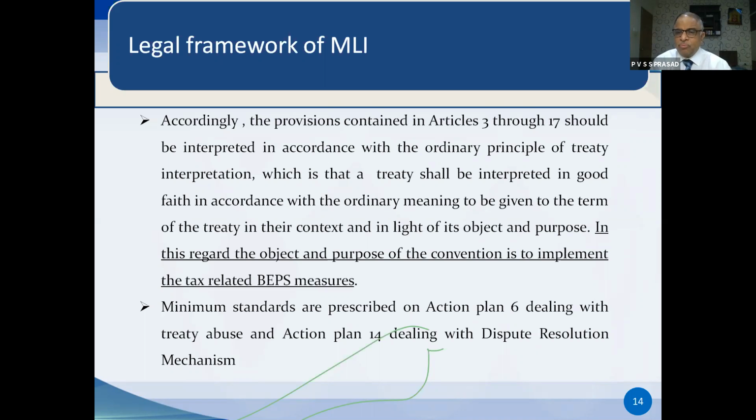All these principles and articles of the Vienna Convention that we go through for interpreting a tax treaty are the same approach you need to follow to interpret the provisions of the MLI. That is what has been explained. The minimum standards are in the form of Action Plan 6, which talks about prevention of treaty abuse, and Action Plan 14, which talks about effective dispute resolution mechanism. These two are the minimum standards which I explained.